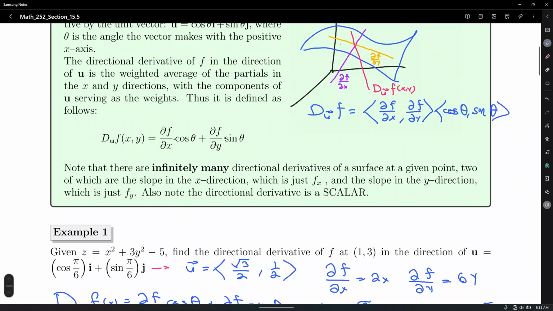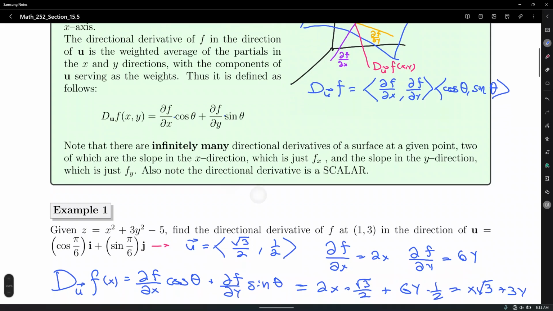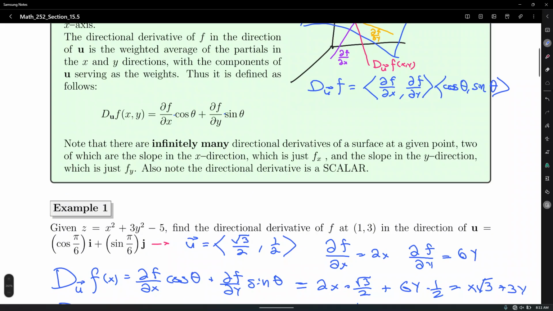If you were working, say, with pi over 12, then you would need to use the double angle or the sum and difference formulas to come up with crazy numbers that are still guaranteed to be unit vectors. But those special values in the unit circle, like root of 3 over 2, a half, root of 2 over 2, zeros and ones, are not the only possibilities for unit vectors.